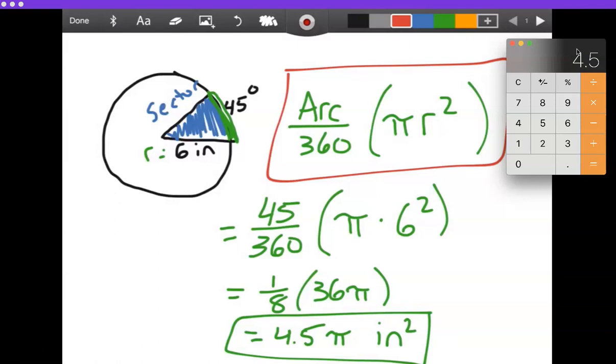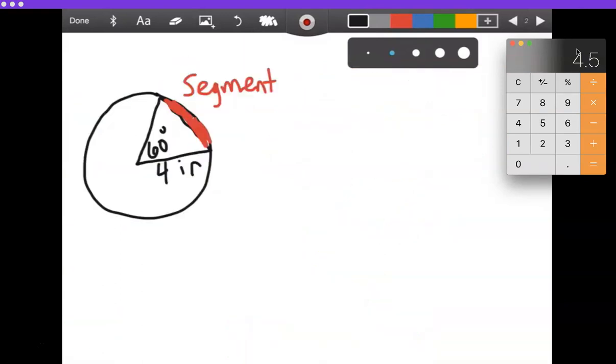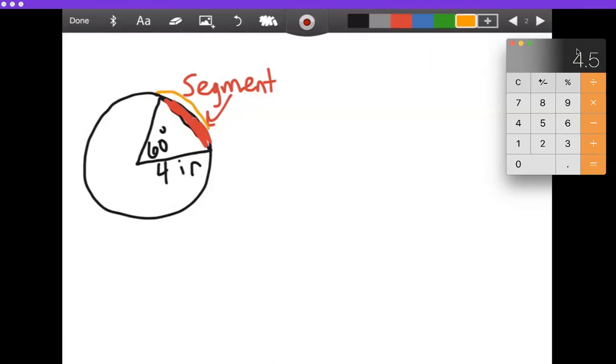What can be a little bit tougher is this next question, finding the area of a segment. That's just this red pizza slice here. There's not really a good formula for it. It's not really a rectangle because this end here is curved, so there's not a specific shape this is.